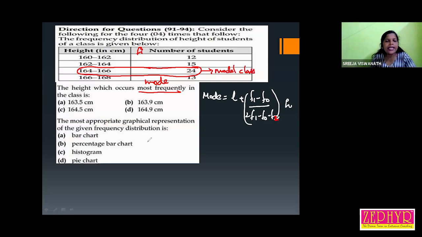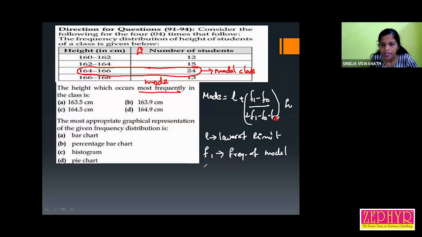L is the lower limit of the model class. F1 is the frequency of the model class. F0 is the frequency of the class preceding the model class.